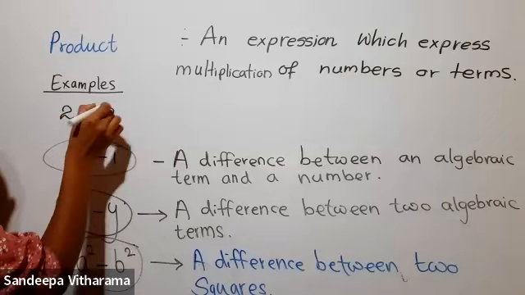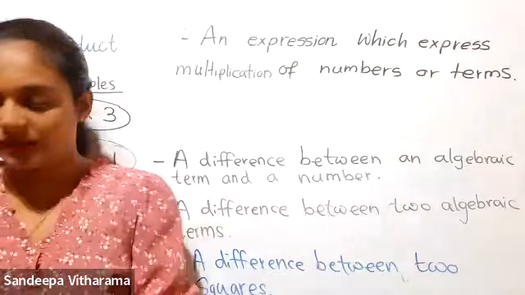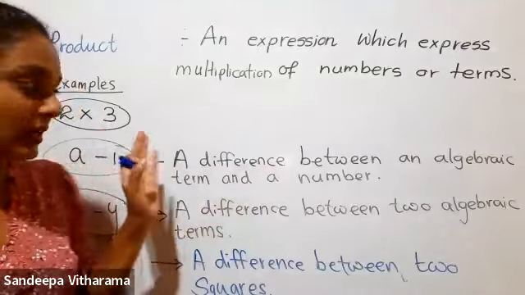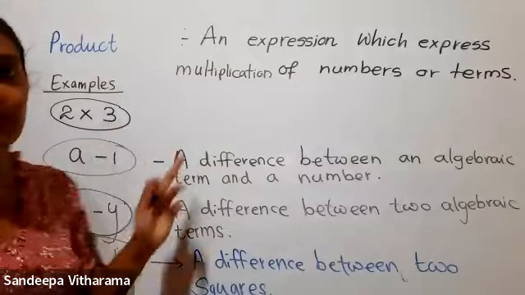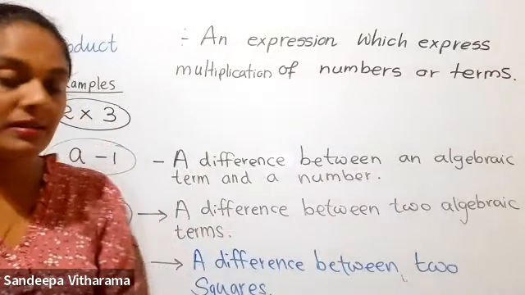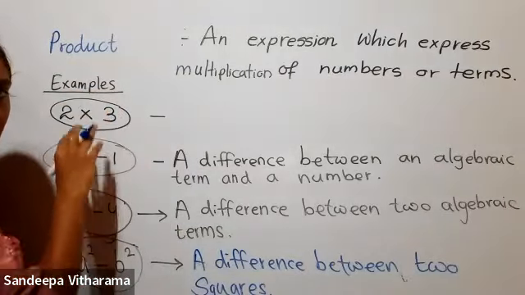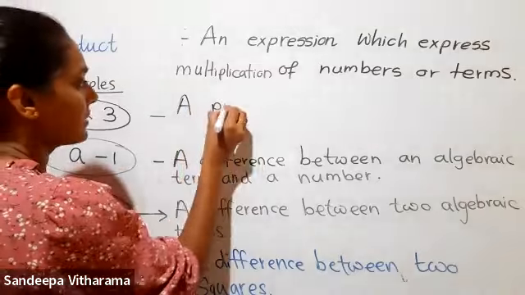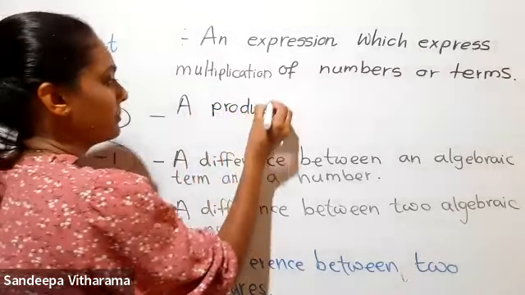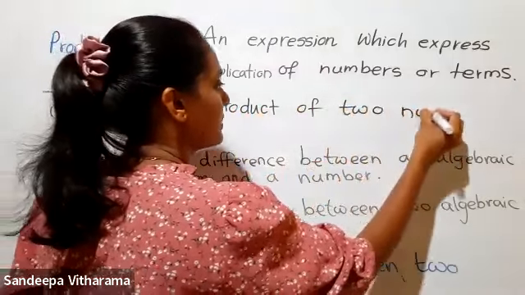Actually, here there are no such kind of expressions when it comes to the product, because we can obtain an answer for 2 into 3, it is 6. So if I need to express this, we can say it is a product of two numbers.